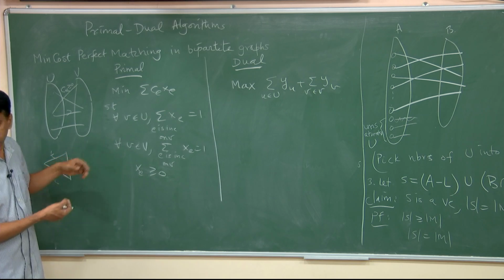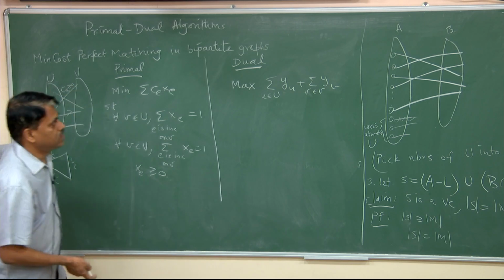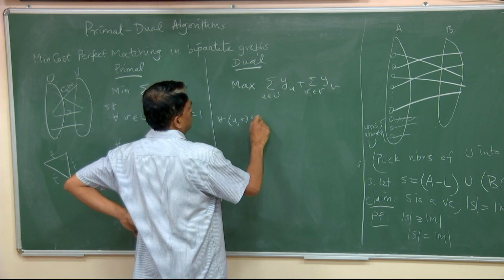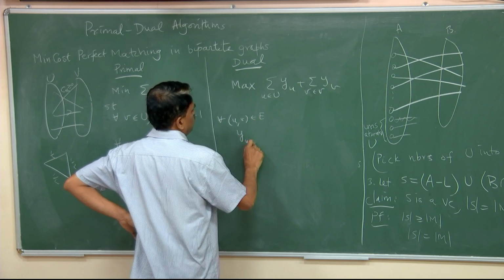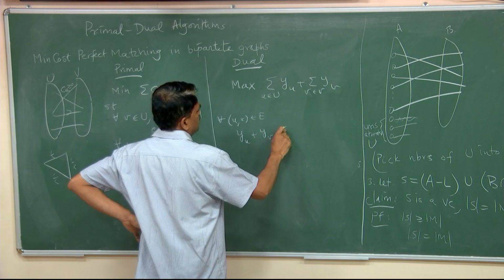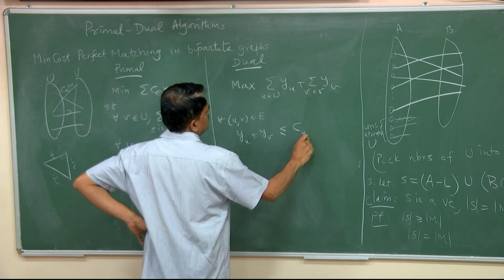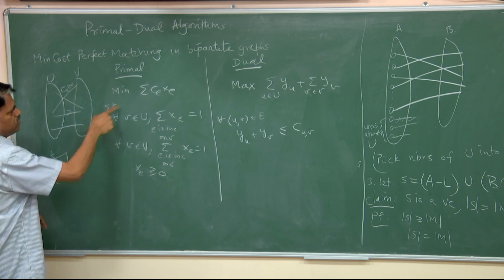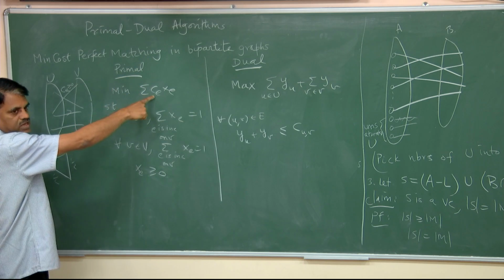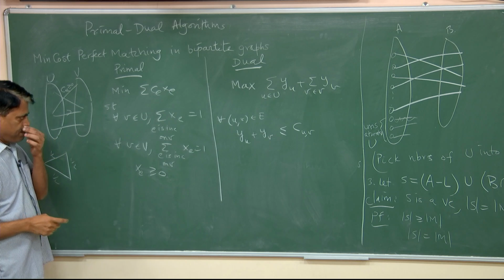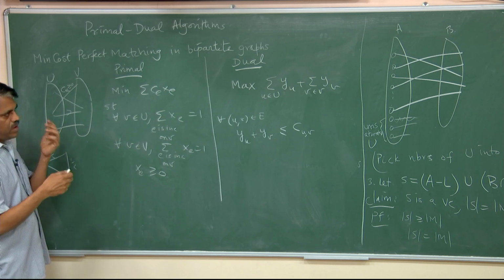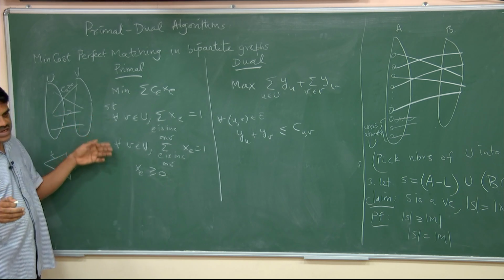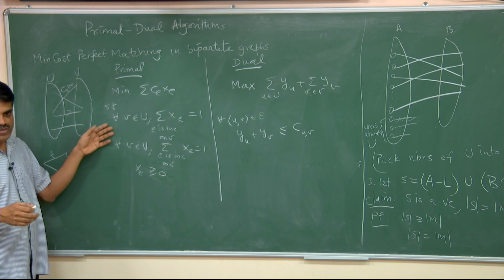For all uv, y_u plus y_v is less than or equal to c_uv. So that will be the column y_u, y_v, and the right hand side will be the corresponding edge cost c. And the y_u's, y_v's can be unrestricted because the primal constraint is an equality. It doesn't say that they have to be non-negative.